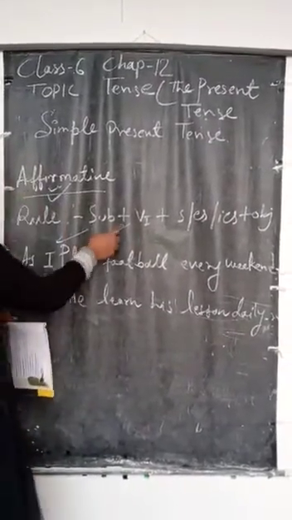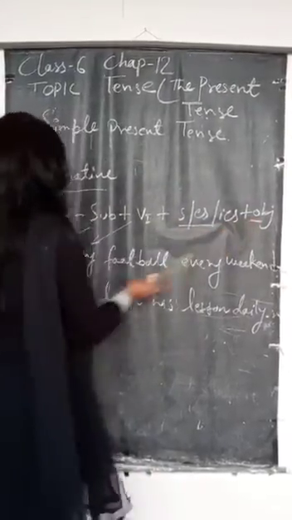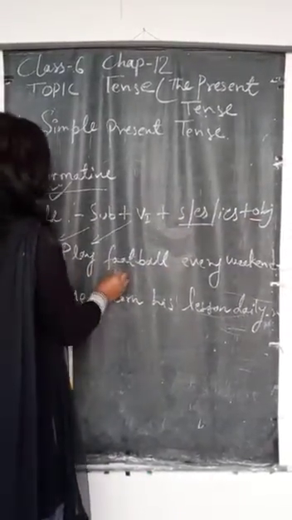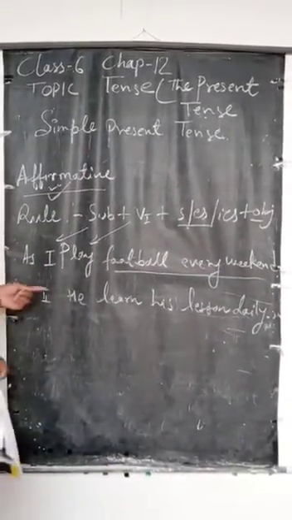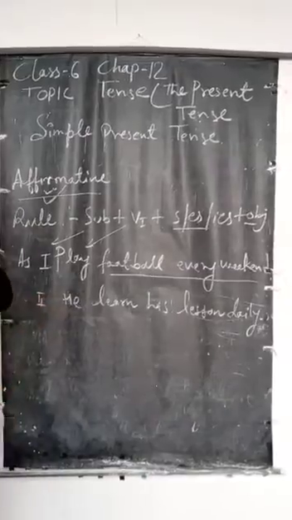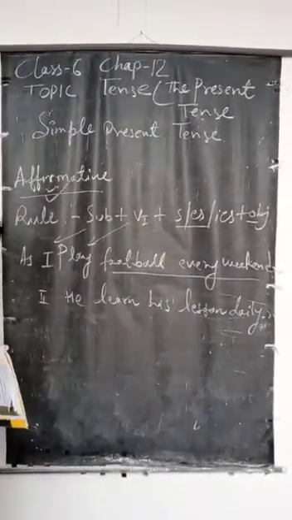Here we do not use s or es, and here is the object. I play, and here is the object. Got it? Now let's see the next example: He learns his lesson daily.